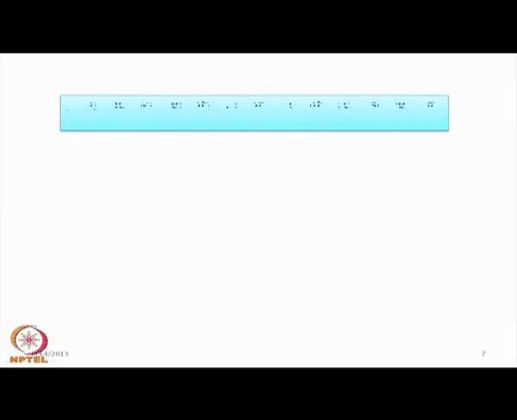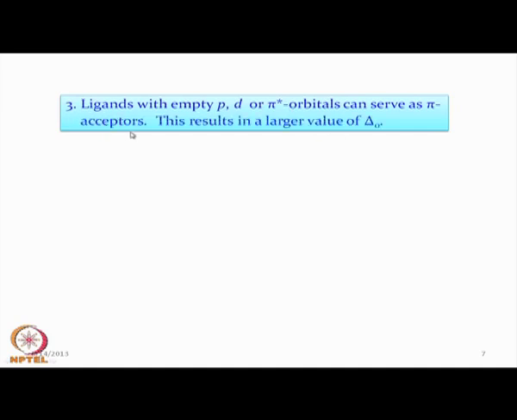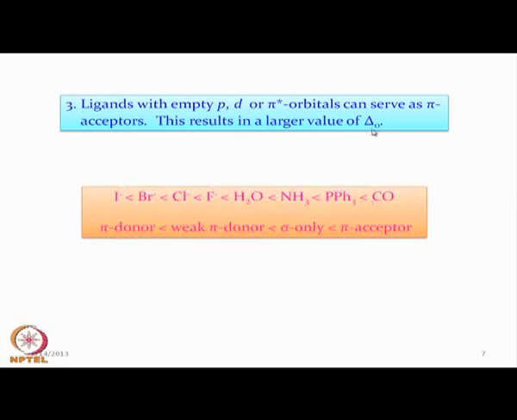Then we have the other category, the ligands with empty orbitals. In terms of the molecular orbital picture, that means the pi star orbitals, or empty p and d levels, where there is no electron in the molecular orbital which is of pi type. They serve as good pi acceptors, as we have just seen, and will increase the value of delta octahedral. So, we have this corresponding series.